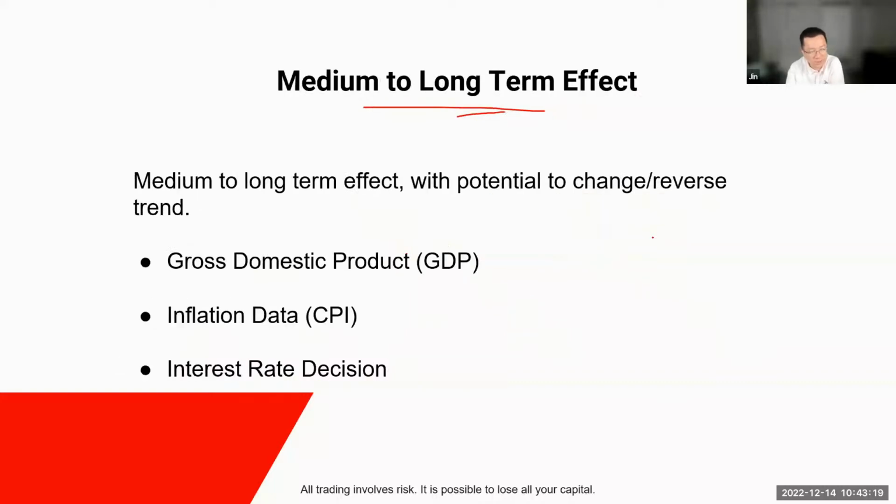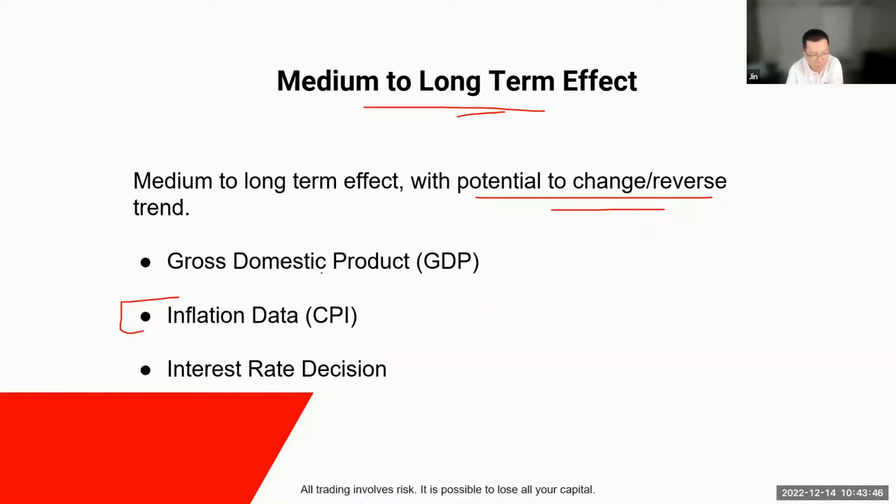With that said, you're going to see a bigger trading opportunity when you look at medium to longer term effects, right? Medium to longer term effects, which have the potential, this is very important, potential to change or reverse a trend, right? Change or reverse a trend. I'll give you an example of this later as a live chart.